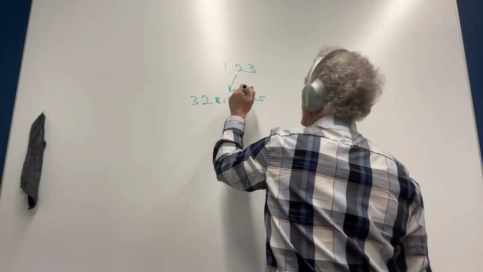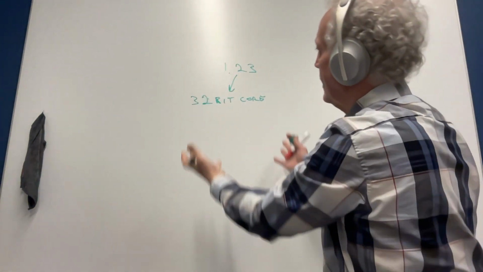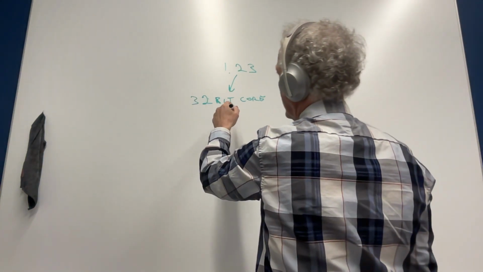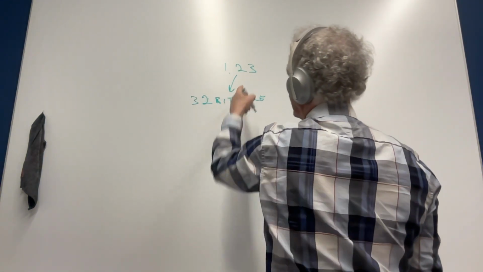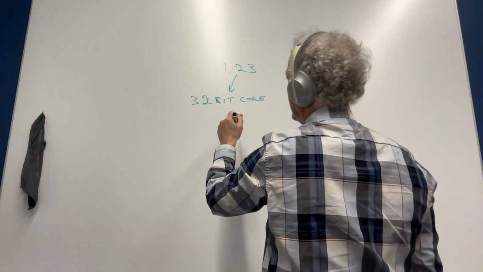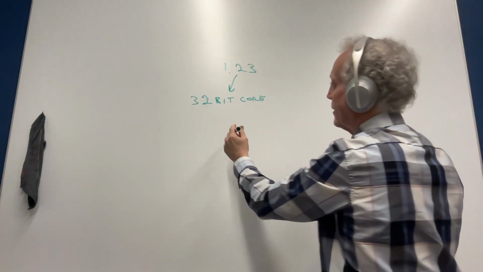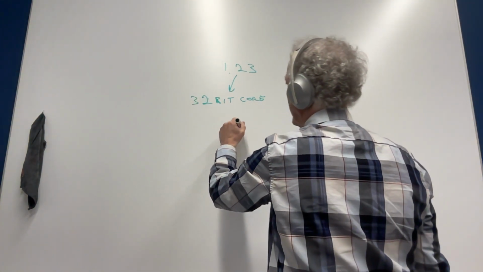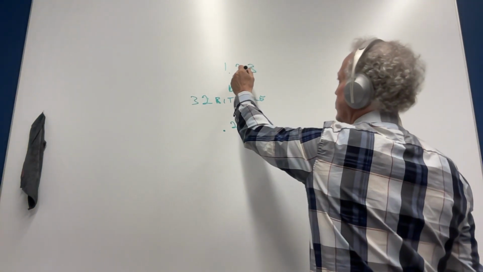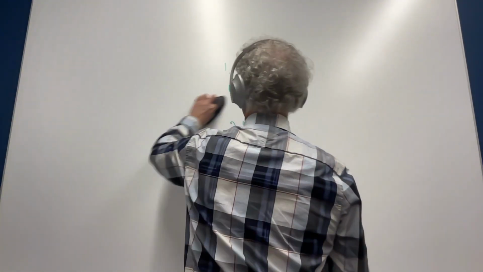So what we do when we're bringing in this number is take the dot 23 and add a bit to the bottom, so we'll make this a dot 24.